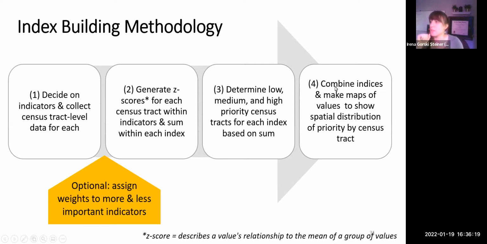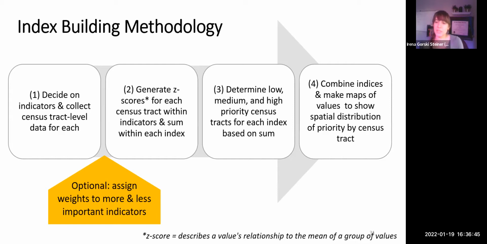And finally, we were able to combine the three different indices in different ways to make maps to show the distribution of these kind of scores by census tract. So which ones come out high, medium, and low based on these three different dimensions and the climate indicators.